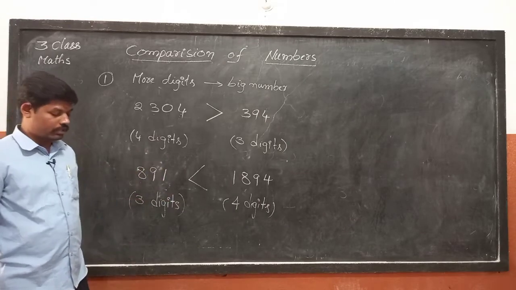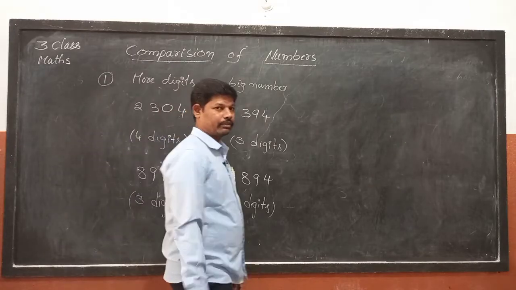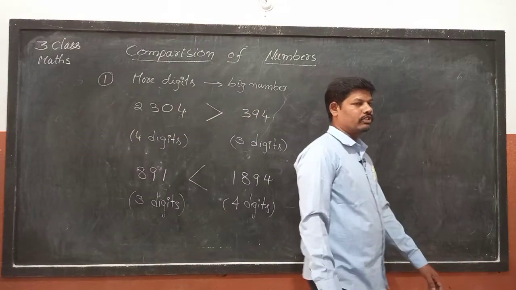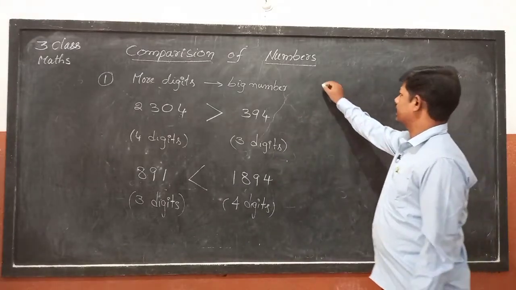For example, if the digits are the same, then how can you say which is the big number and which is the small number? Let us take the second rule.